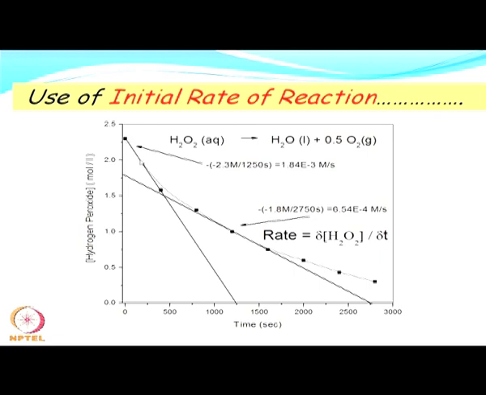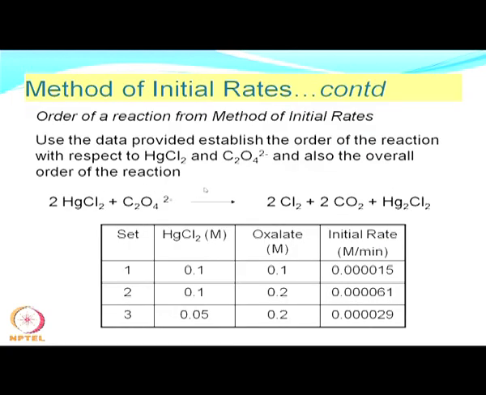At this instant the rate is this much, and at this instant the rate is this much, because as we move on towards a longer time scale, the amount of reactant is reducing, therefore the reaction rate becomes sluggish, therefore the slope is reducing. So, we would like to use this information in finding out the order of a reaction.